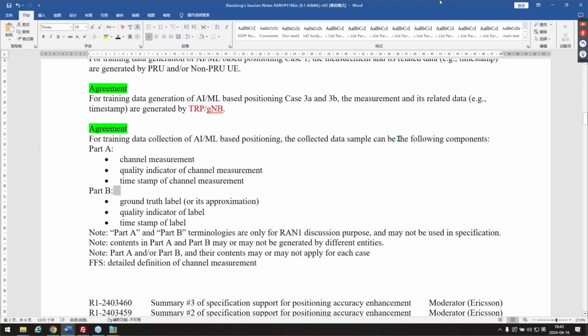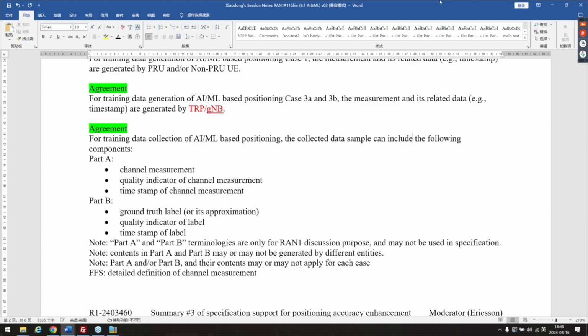Can include the following components. That is the last example. I don't want to revise the agreement we have made.